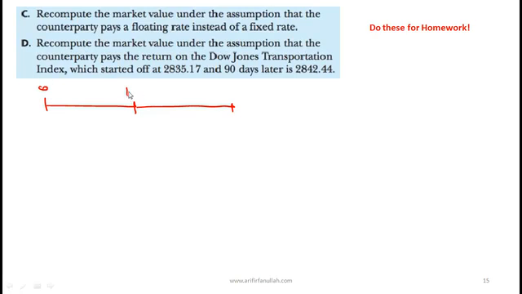So 0, 180, 360, we are now at 90. Okay, now the way you figure out the present value for $1, if this is a floating rate, do you have the new interest rates? The new interest rates are actually, I'll just write these again.